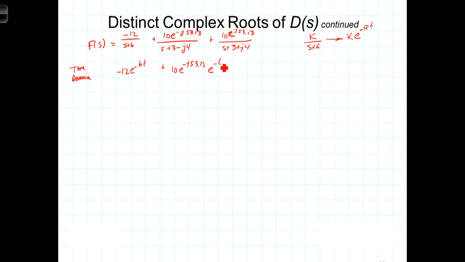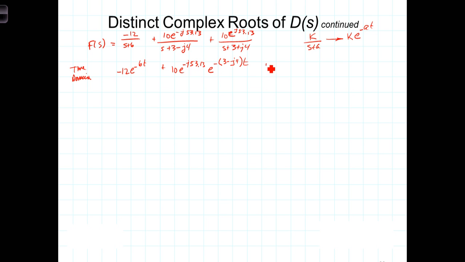Well, a here is 3 minus j4, so let's go minus 3 minus j4 times t. So that's e to the minus a times t for this second term.